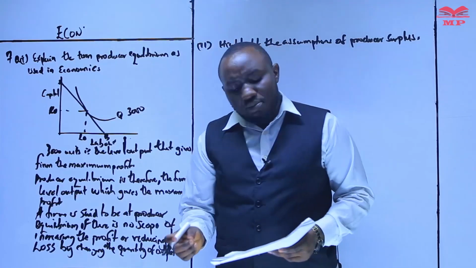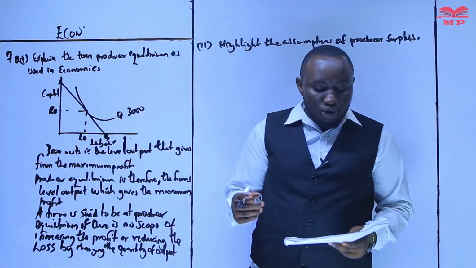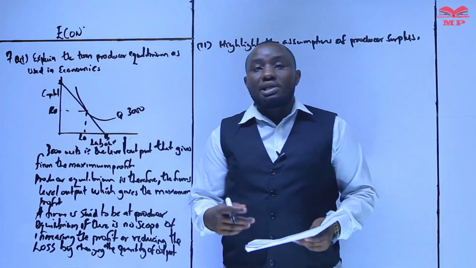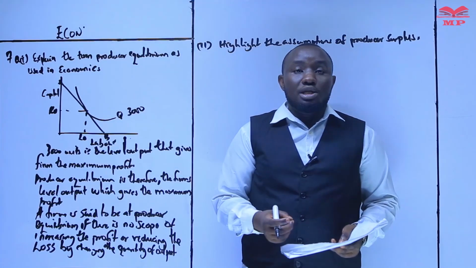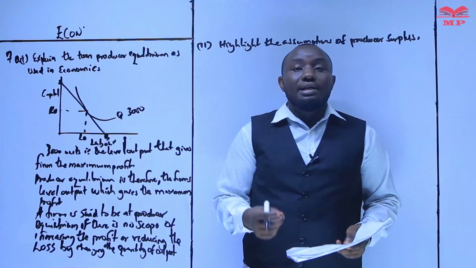When you look at those assumptions, one, we talk about the producer being assumed to be rational. Basically, a producer is aiming to maximize profit, and we know that we maximize profit where MR is equal to MC.